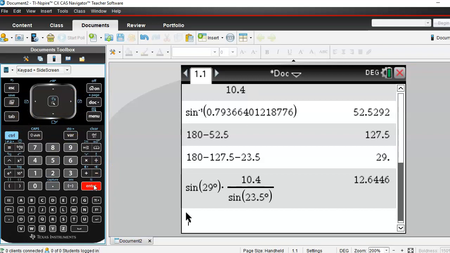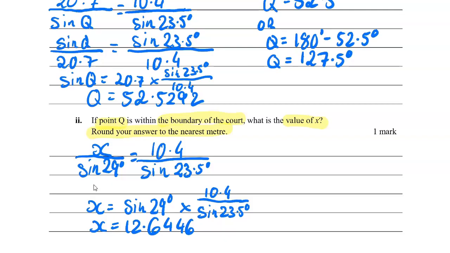Control enter. So that means X is equal to 12.6446. And it's to the nearest meter. So that means X is equal to 13 meters.